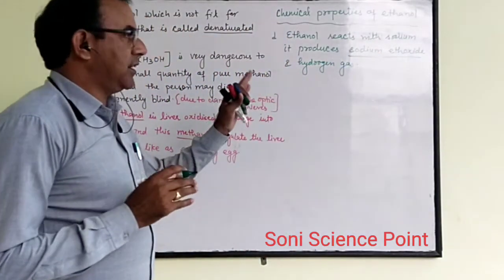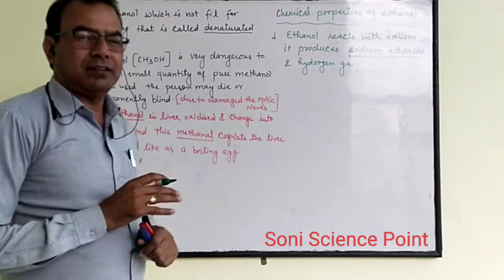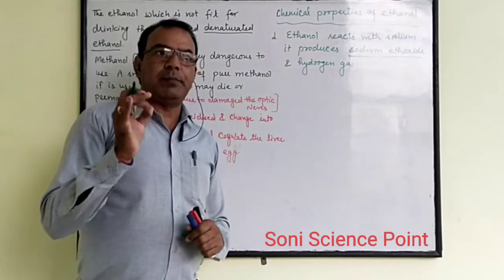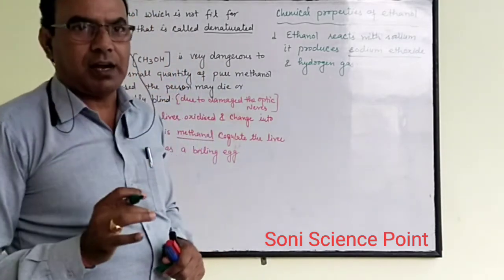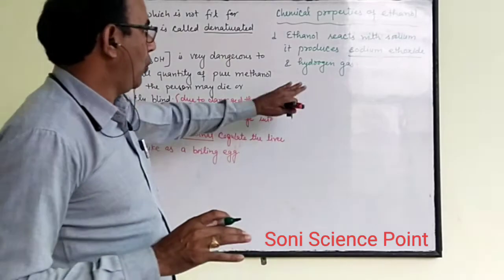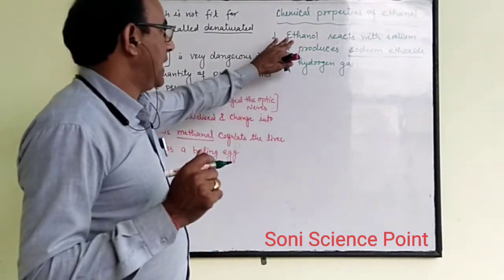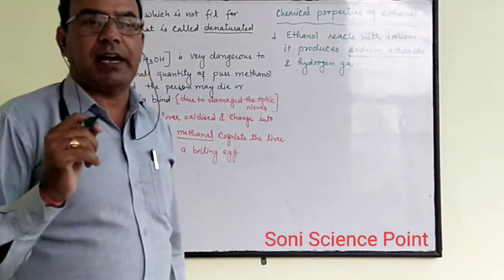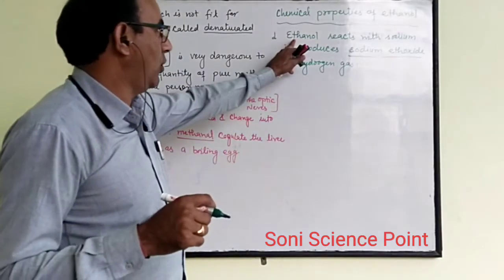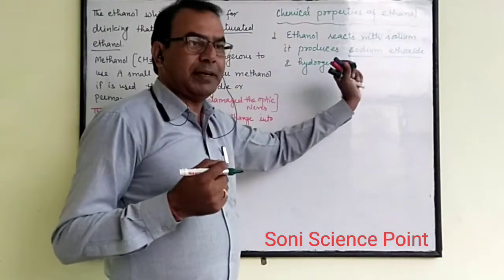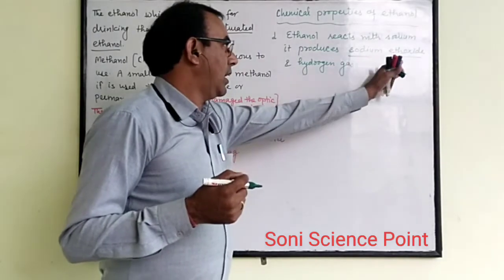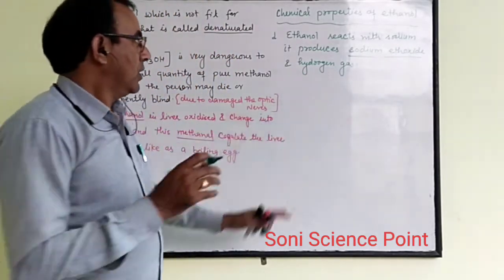We have already studied in chapters 3 and 2 that when an acid reacts with a metal, it produces a metal salt and hydrogen gas. So on this basis, we can say that ethanol is slightly acidic, because ethanol reacts with the metal sodium and produces a metal salt and hydrogen gas.